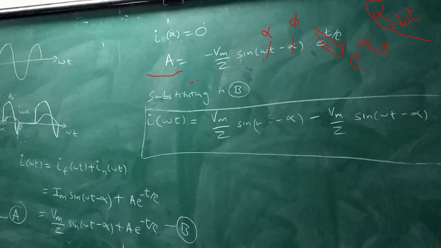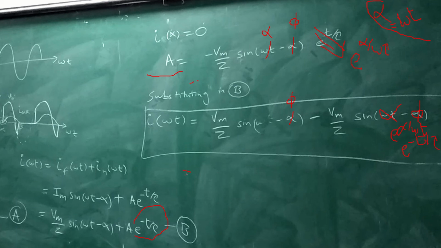Now we further substitute A in equation B. So the corrections again employed are Vm by Z sine omega t minus phi, minus Vm by Z sine alpha minus phi, then another term e raised to power alpha by omega tau into e raised to power minus t by tau.